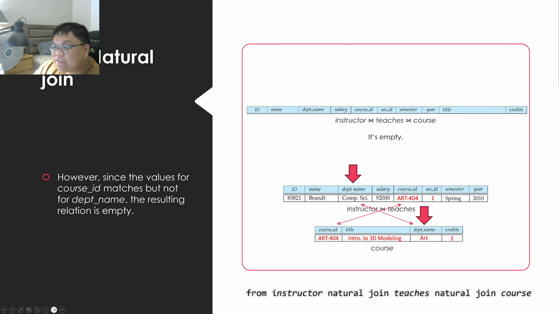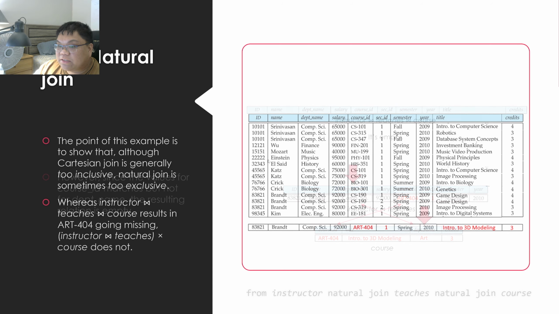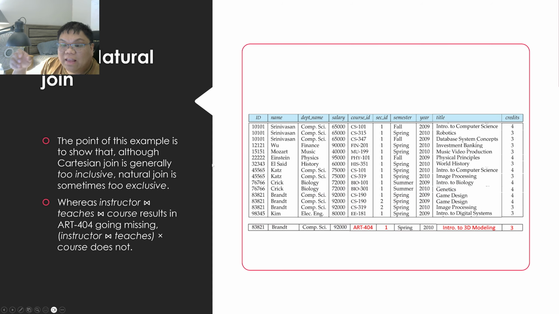The course IDs match, but not those for department name. Therefore, when we natural join instructor, teaches, and course, we get an empty table. So this is to show that Cartesian join is generally too inclusive and natural join is sometimes too exclusive. But there's even a way to fix that.